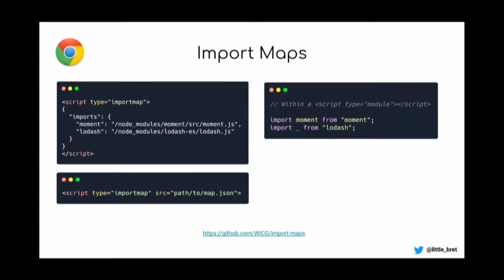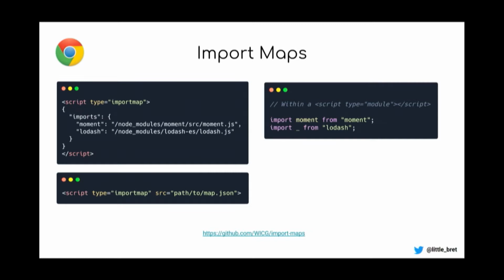But it's going to be becoming available. And the whole point of it is you can define a JSON map that maps my module to an actual location. And now throughout your code, you don't need to say import some actual file. You could just say import React or import moment directly. And this is what will resolve it to that location.